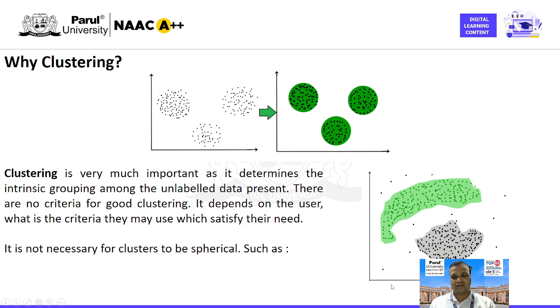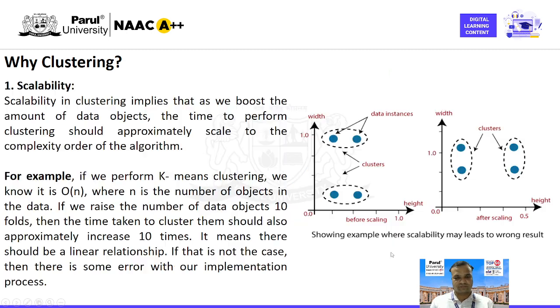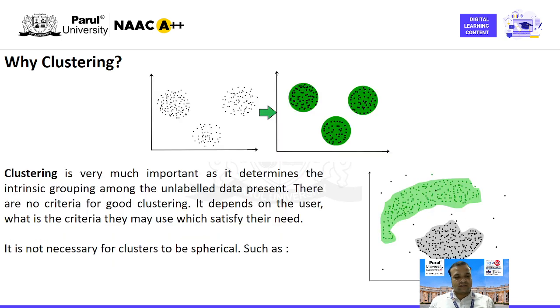You can see this picture. Okay, so what I mean to say is, this is the example I'm taking to understand that according to the requirement of the customer and the user, we can make a project, we can do the clustering.